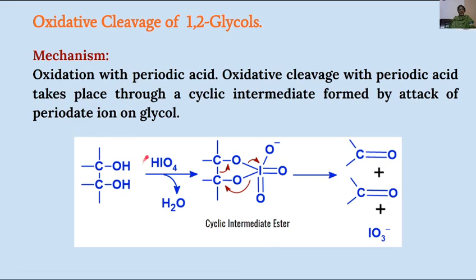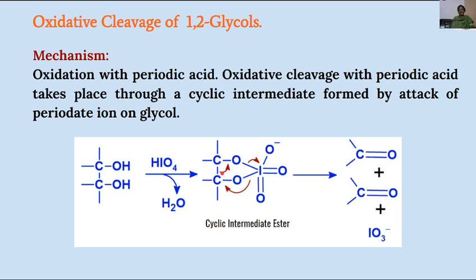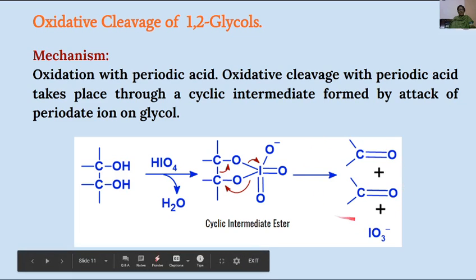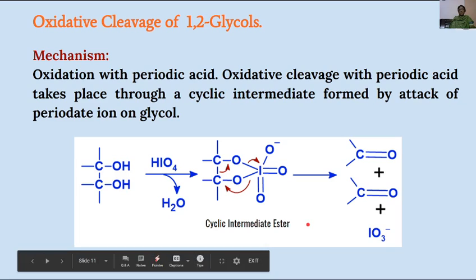So when periodate attacks the glycol, there is a formation of a 5-membered cyclic intermediate ester. Then this bond breaks and there is a formation of 2 carbonyl groups along with the separation of IO3 negative as the iodate ion. So 2 carbonyl compounds are formed.